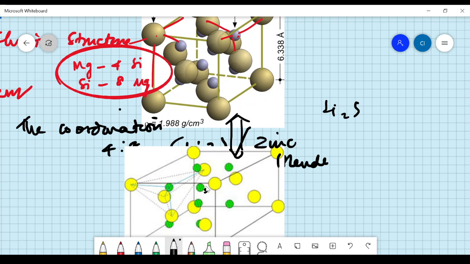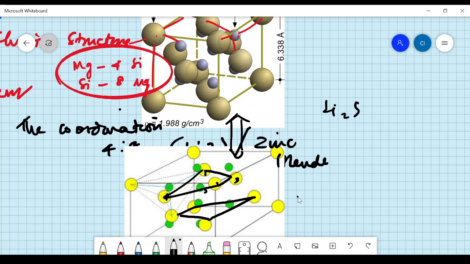So you consider this as sulfur: 1, 2, 3, and 4 in a particular layer. Likewise at the bottom you have 1, 2, 3, 4. So 8 surrounding is there.